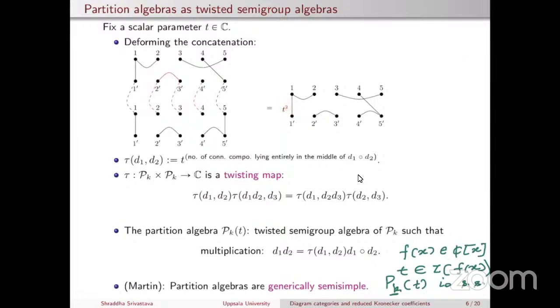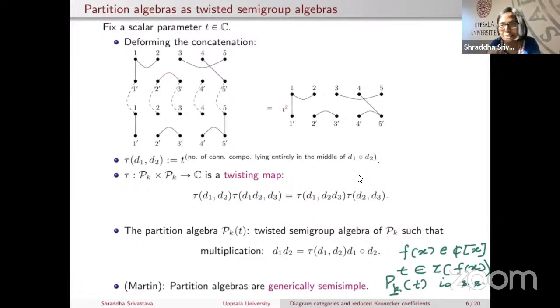These 2' and 3' are connected, but not the 2 and 3 just below it. Sometimes the multiplication is 0? I did not say that. Multiplying two diagrams always gives a diagram. You never get 0 unless you take your t to be 0. But I'm deforming the partition monad algebra.